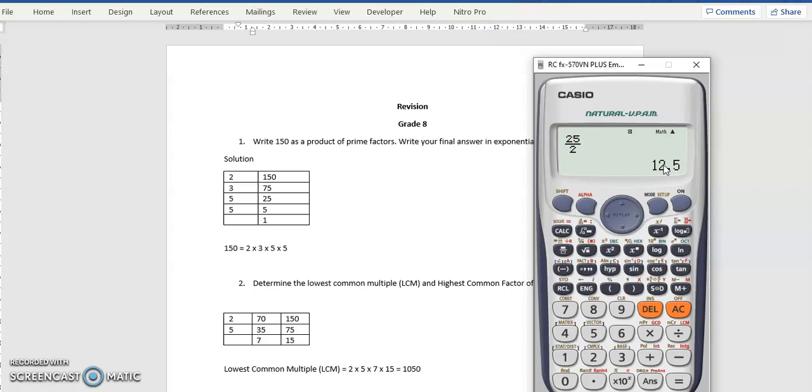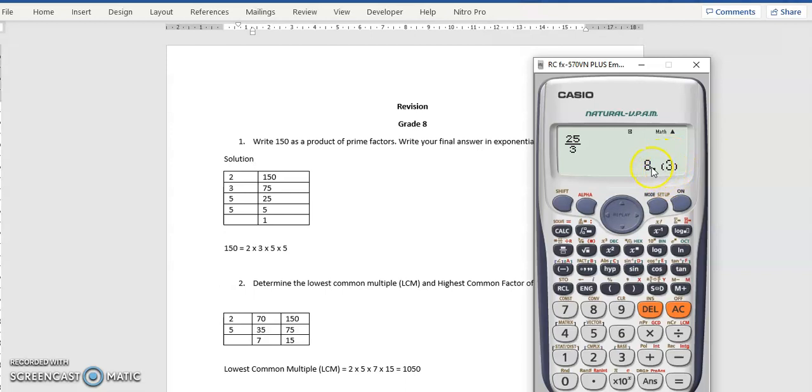So which number do I move to? 3. So 25 divided by 3. Gives me this one. Should I use it? No. I can't use it. If I press this, it's decimal. So it means there's a remainder. If there's no remainder, this side will be 0.